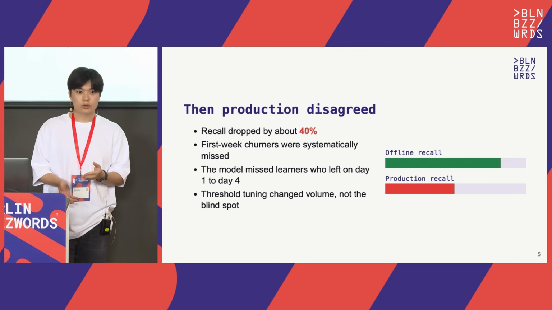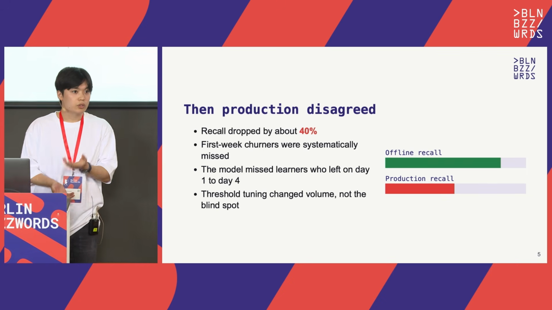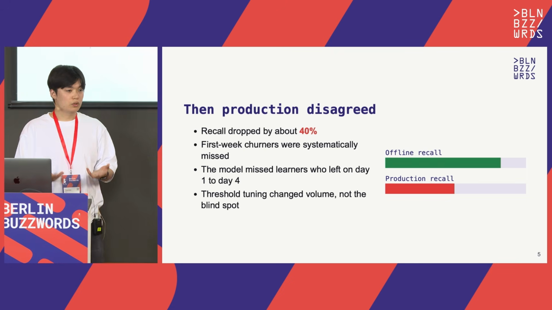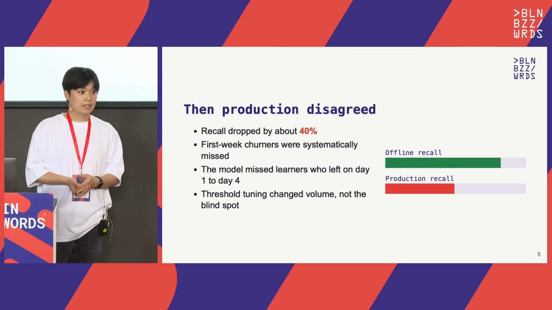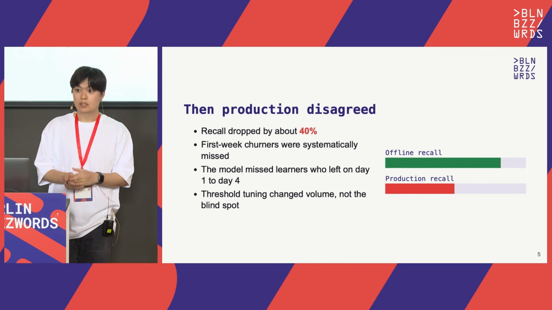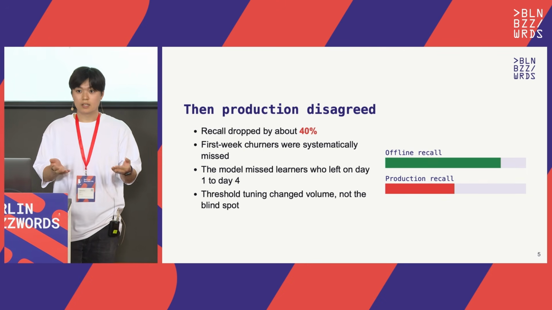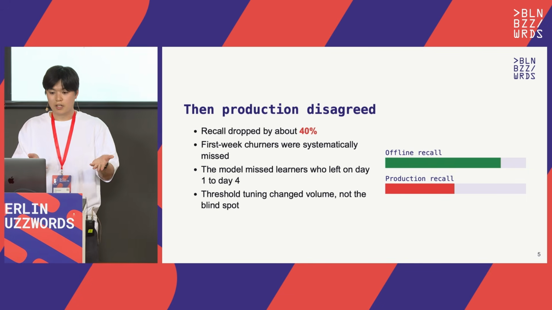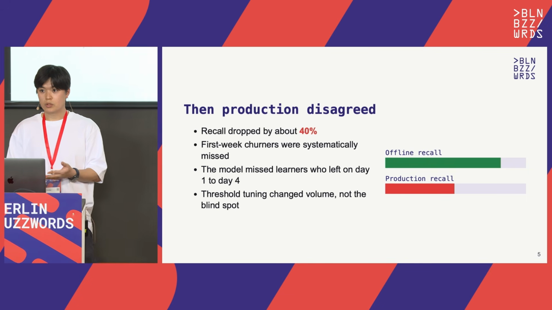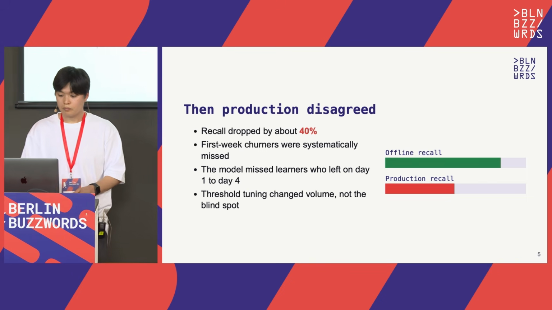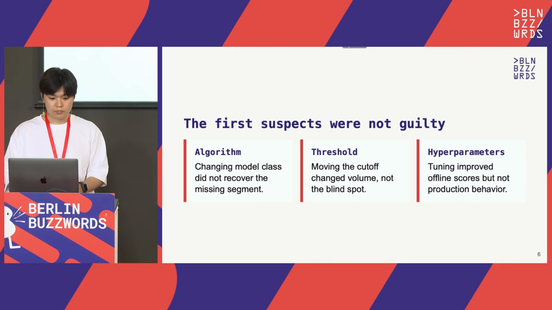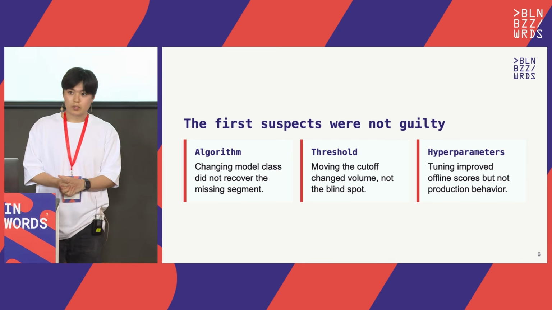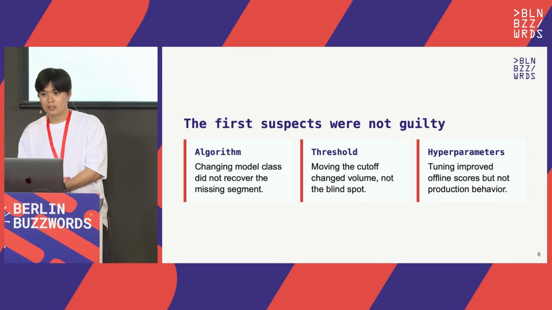We also tried to play with the threshold of the model, decreasing it to increase the volume, but it didn't help. It increased the volume, but it hadn't solved the main problem that these new learners were missed. Of course, the first aspect we looked at was the model itself.